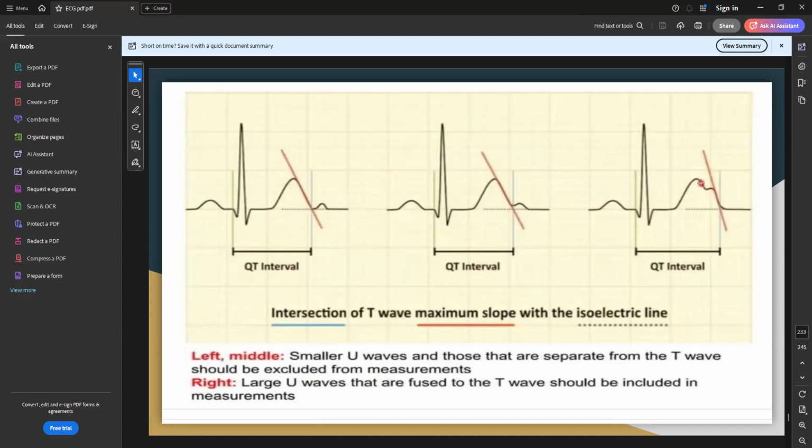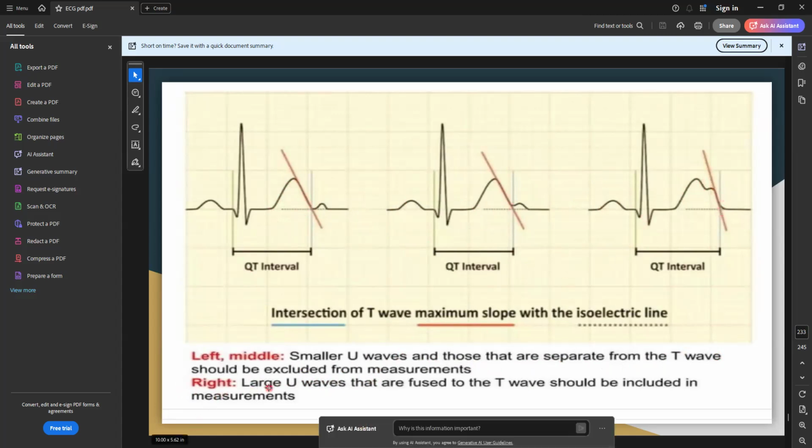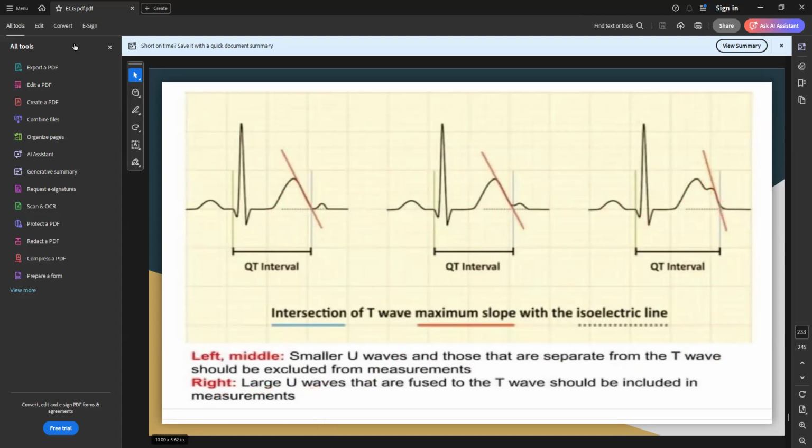But when there are prominent T wave changes, such as large U waves, this is the U wave, fused, here it is fused. When it is fused with the T wave, you have to include the U wave also. Here you have the tall U wave combined with the T wave.